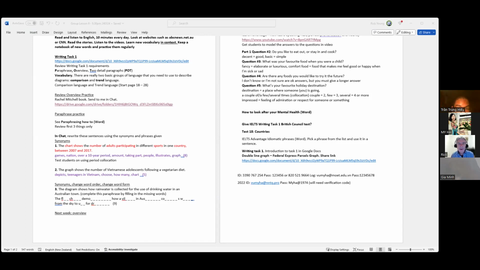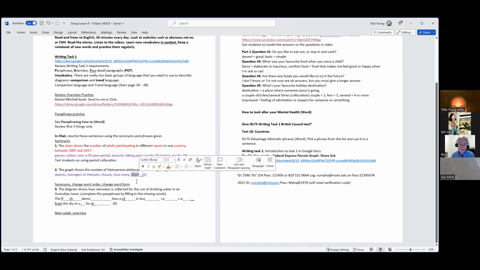Okay, so this one wasn't too hard. So, Cheng Hu, let me run through the answer for you. Can you see here number 2, the graph? Okay, graph is the same as chart.